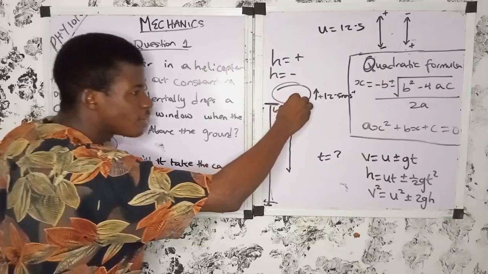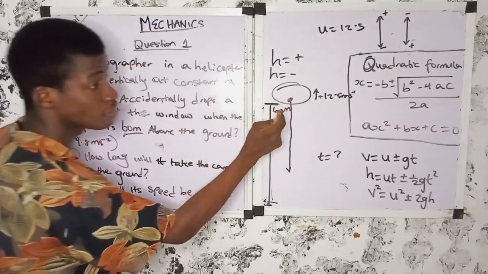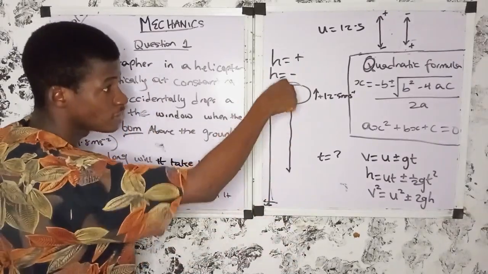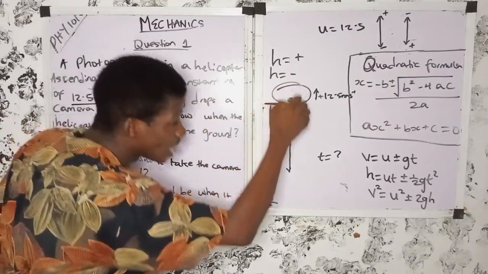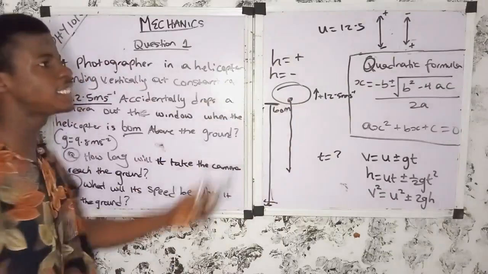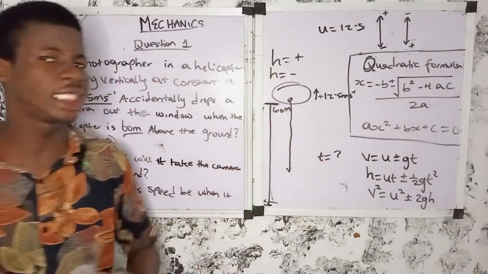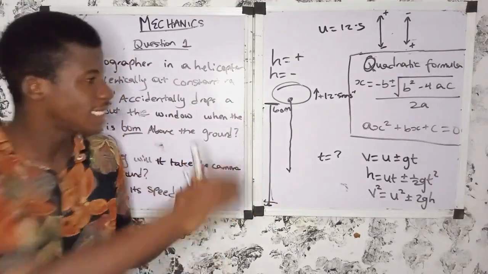Let's just say the camera falls from a height of 60 meters downwards. So is the displacement positive or negative?